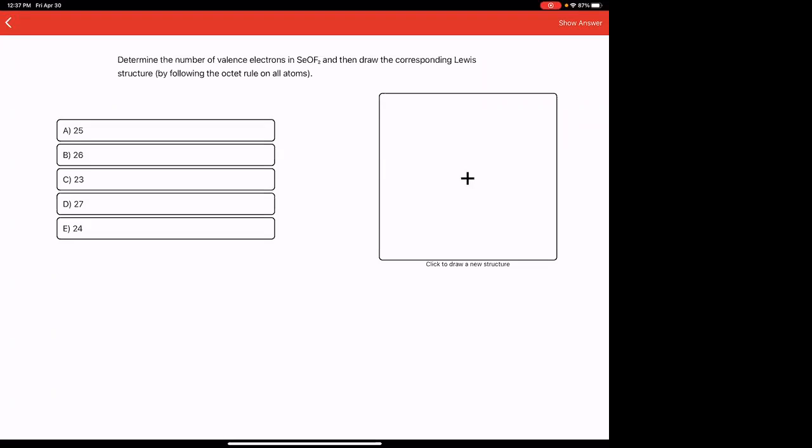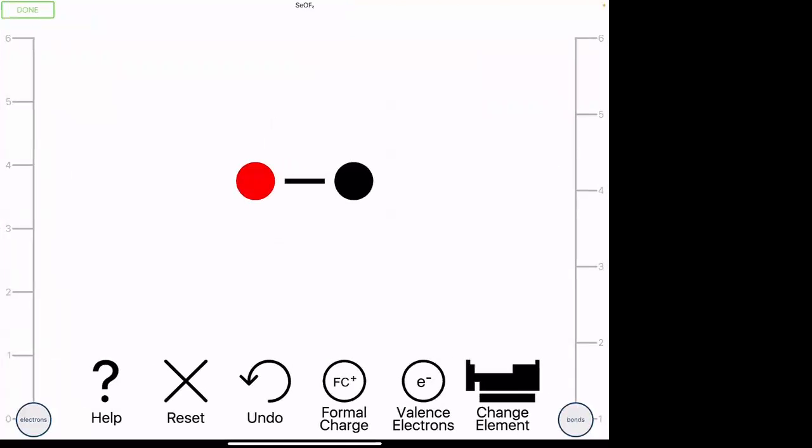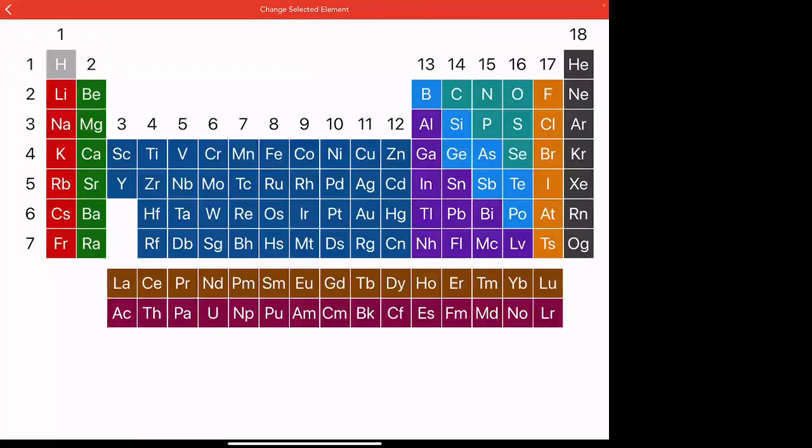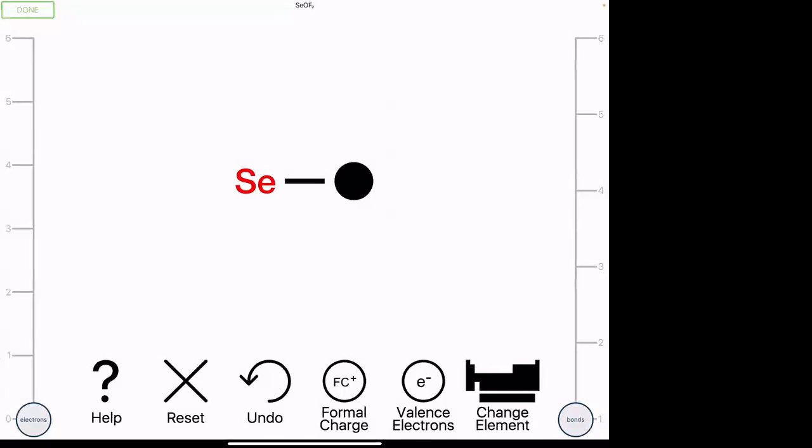Then we're supposed to draw the Lewis structure. So let's see if we can do that. It was SeOF2. Who goes in the middle, do you think? Se. Yeah, that sounds good. So let's go ahead and assign that. How many things is it bonded to? 3 things.